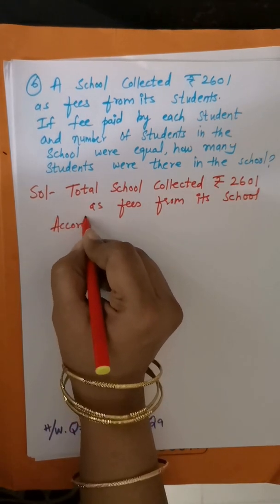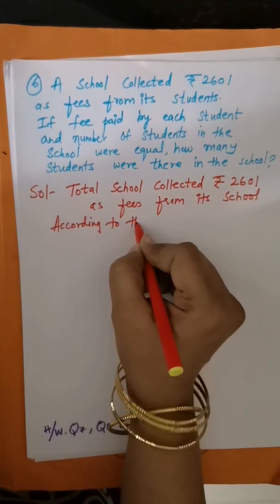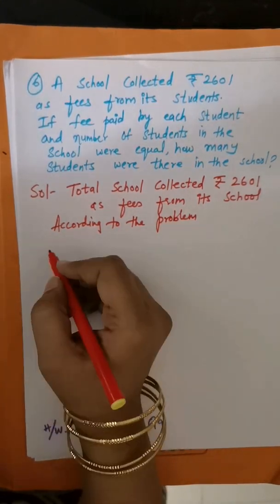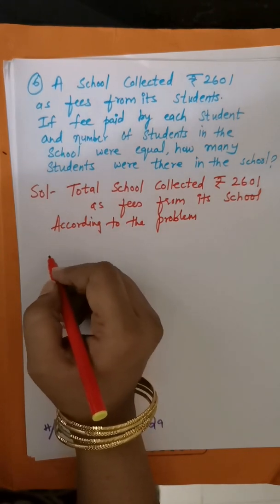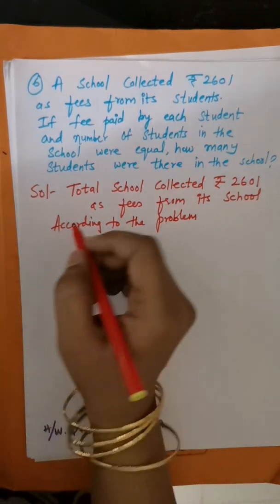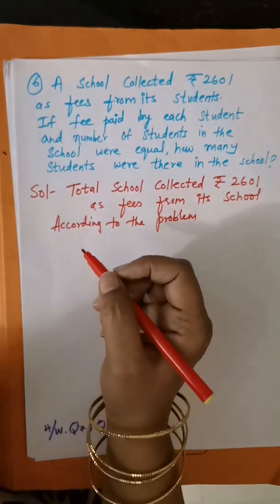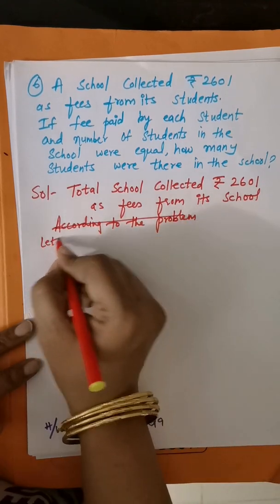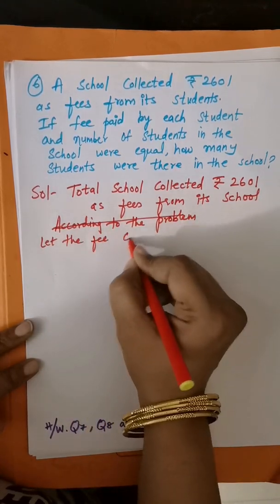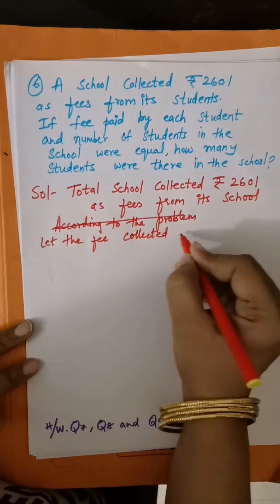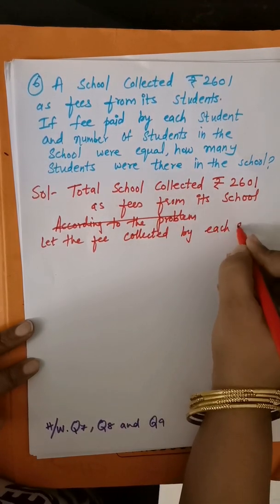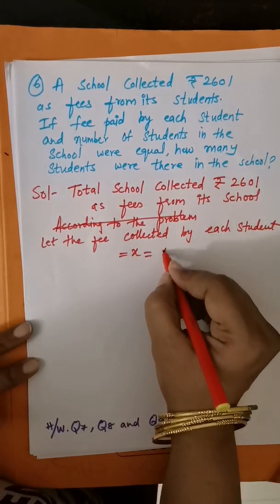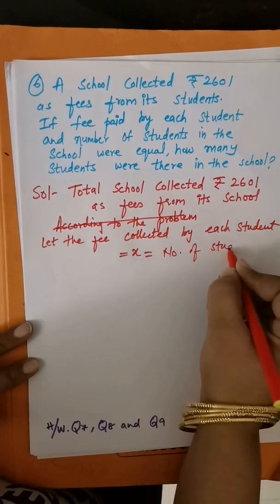So according to the problem, first of all we will assume, let the fees paid by each student be equal to x, which is equal to the number of students.